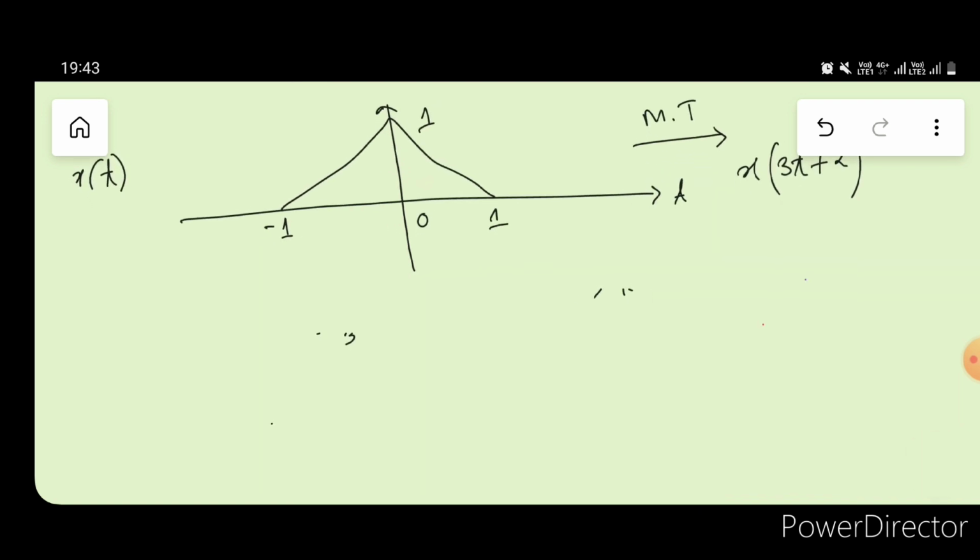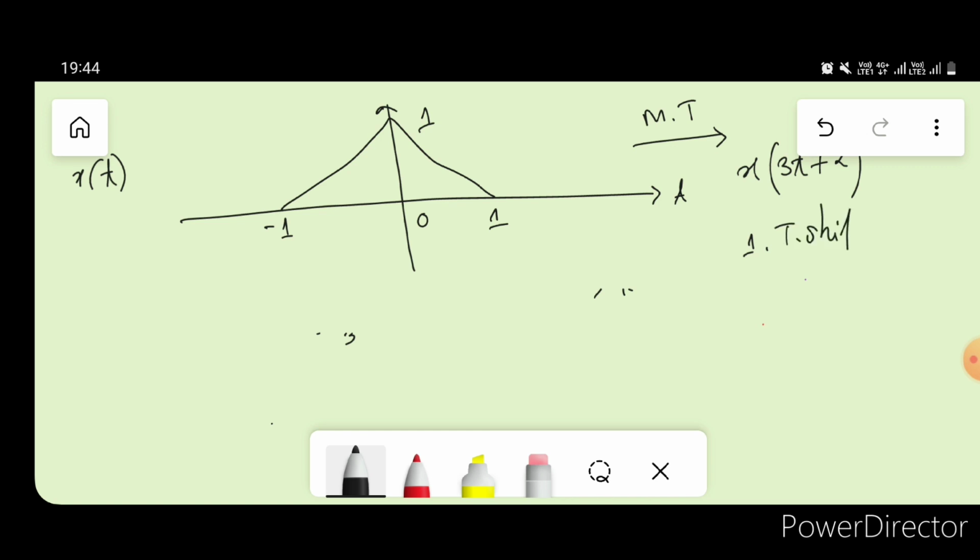As discussed above, we will first perform time shifting, and second, time scaling.